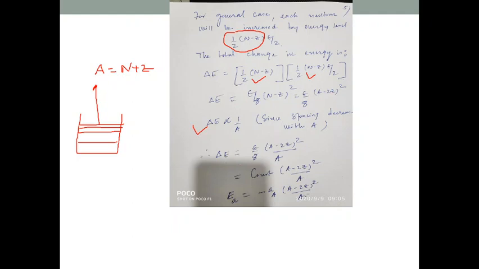So I club both of them. The change in energy now will be epsilon by 8 times (A minus 2Z) square upon A. I club all the constants, since 8 is a constant, and I call this constant A subscript A, the coefficient of asymmetry term.